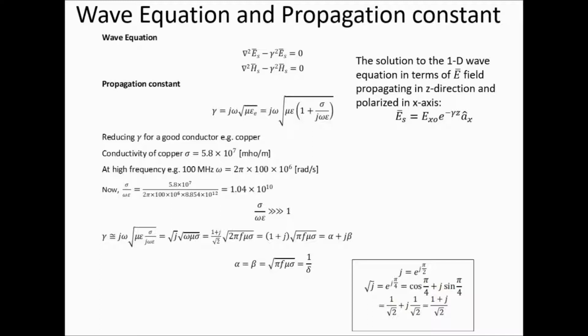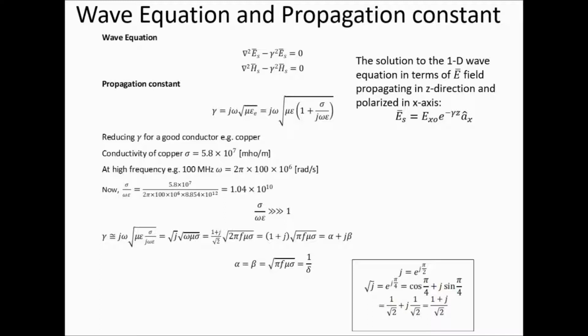The only dissimilarity of a conducting material from a lossy dielectric is that the conductivity of a conducting material is much higher than that of a dielectric material. Let us consider a good conductor, for example copper. The conductivity of copper is 5.8 times 10 to the power 7 Siemens per meter.